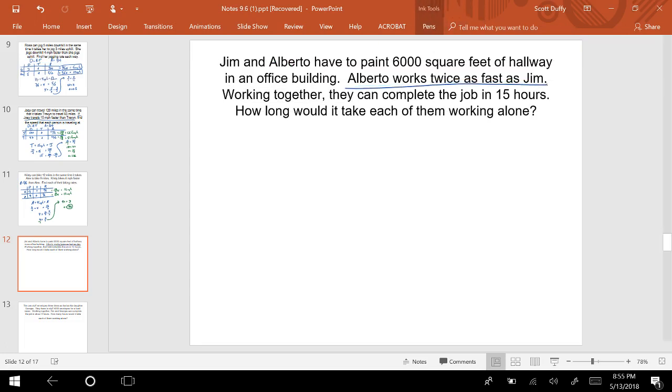So the time that Jim would take would be twice as long as Alberto. So what I would say is that the time for Jim equals 2 times the time of Alberto.